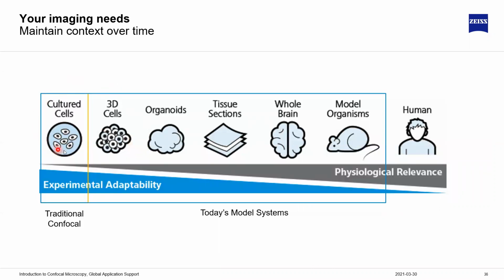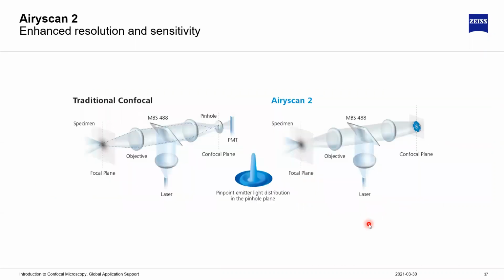We go from culturing the cells to culturing several layers of the cells towards, of course, model organisms. And all of these things can actually be done using the Airyscan detector. So it will give you the opportunity to increase signal-to-noise ratio, to increase the resolution of your image, and to also scan very fast over your sample so that you are able to scan bigger areas of your sample.